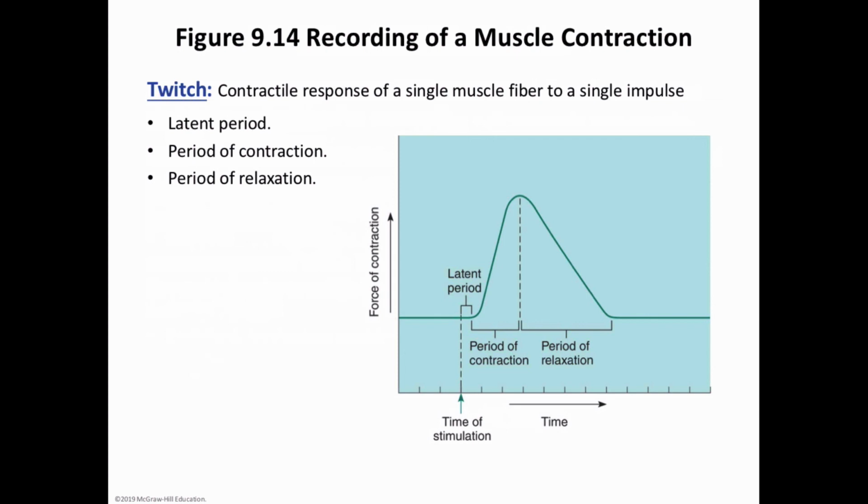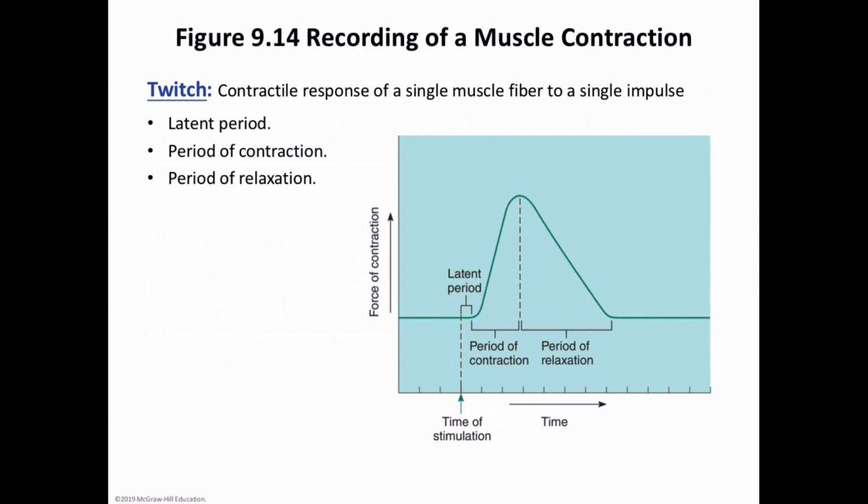Fast twitch glycolytic fibers, class, can contract so rapidly, but then again, they are quite susceptible to fatigue. And then the type 3 fast twitch fatigue resistant fibers can also contract, and contract, and contract.